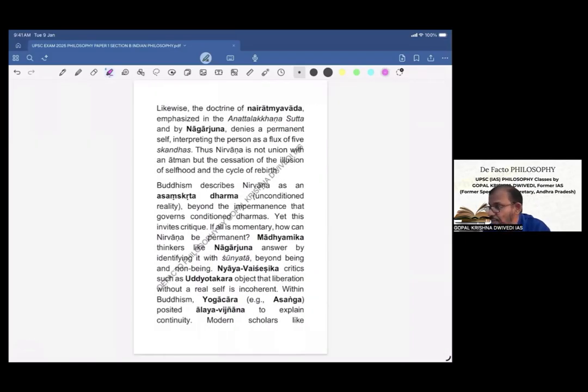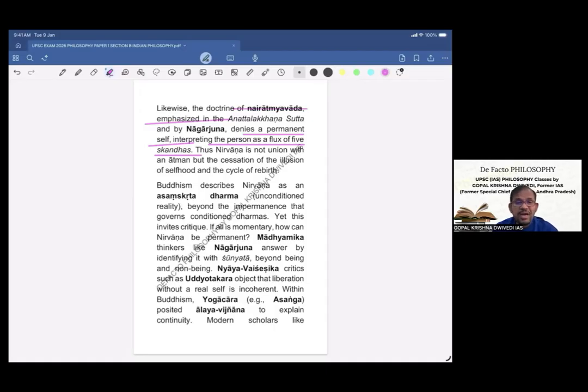Likewise, the doctrine of Anatmavada, emphasized in the Anattalakkhana Sutta and by Nagarjuna, denies a permanent self, interpreting the person as a flux of five skandhas. Thus, nirvana is not union with an atman, but cessation of the illusion of selfhood and the cycle of rebirth. So this is the conception of Buddhist nirvana.